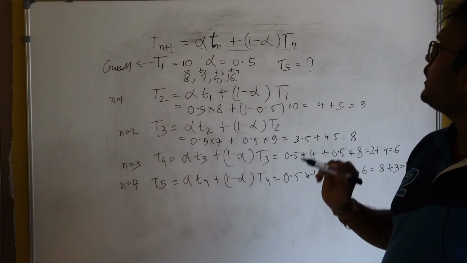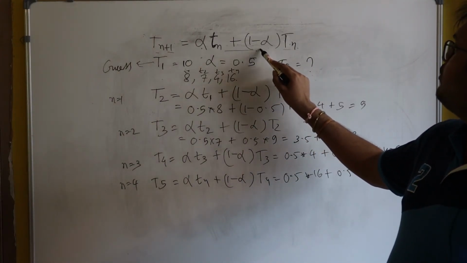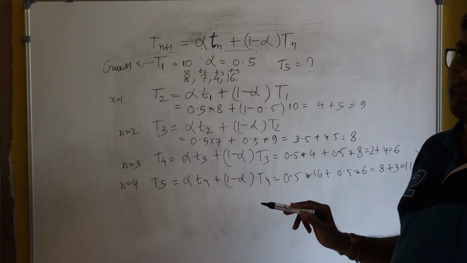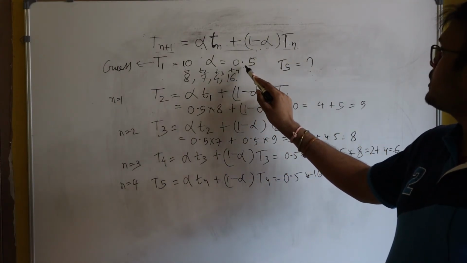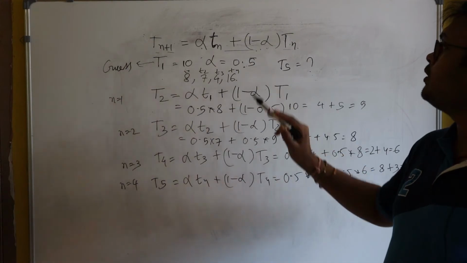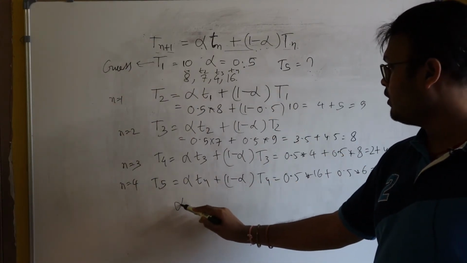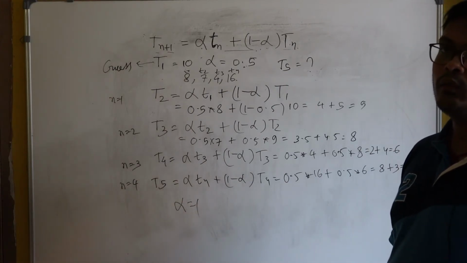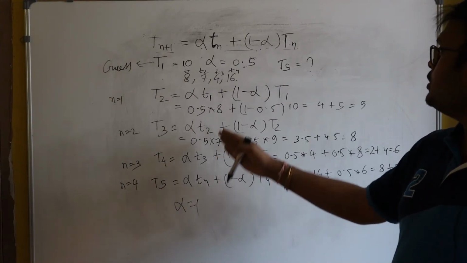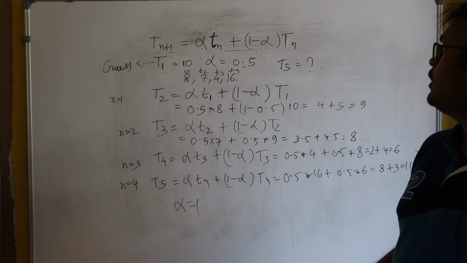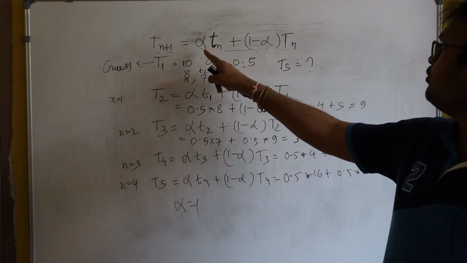From here you can analyze one thing. Here we have used the scaling factor of 0.5 because it was given in the question. But if the scaling factor is 1, that is, if alpha is equal to 1, then what will happen? Just substitute this value in the formula.